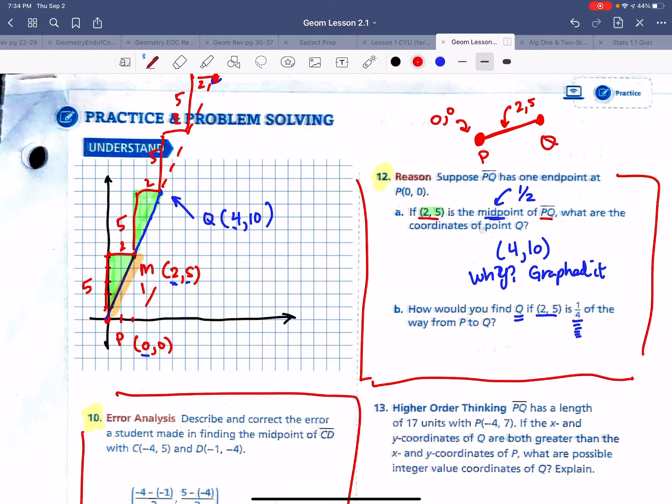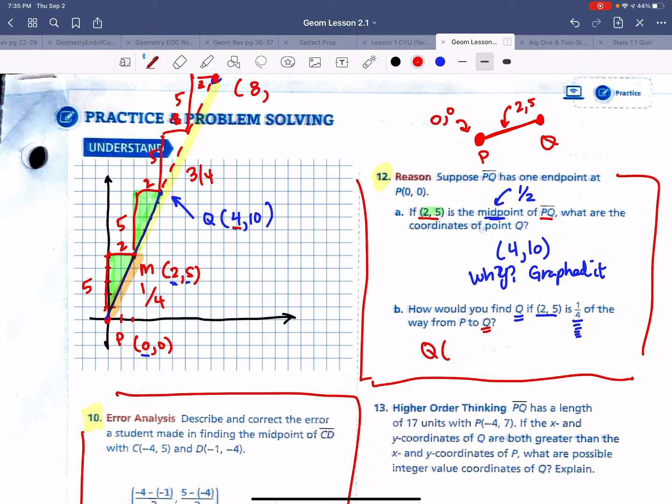That would mean that this is a quarter of the way there, and the rest would be the remaining 3/4 of the way there. Okay, so what would this be? If this was the new point of Q, instead of 4, it would be 1, 2, 4, 6, 8.